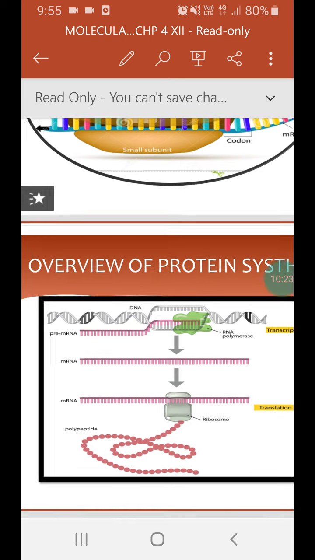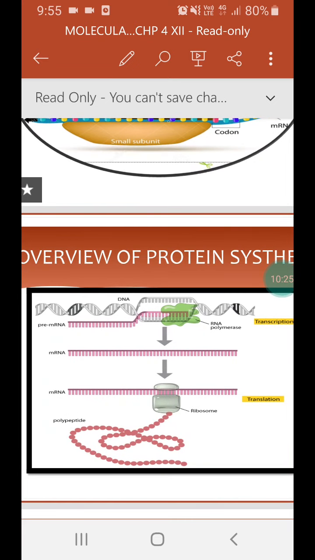So this is the process of protein synthesis. So protein synthesis involves transcription, translation, and translocation.